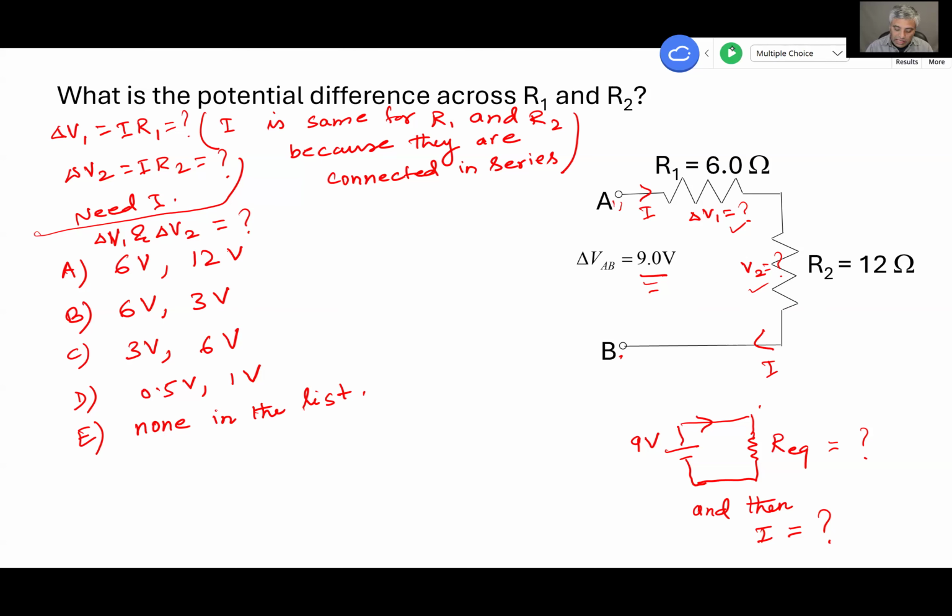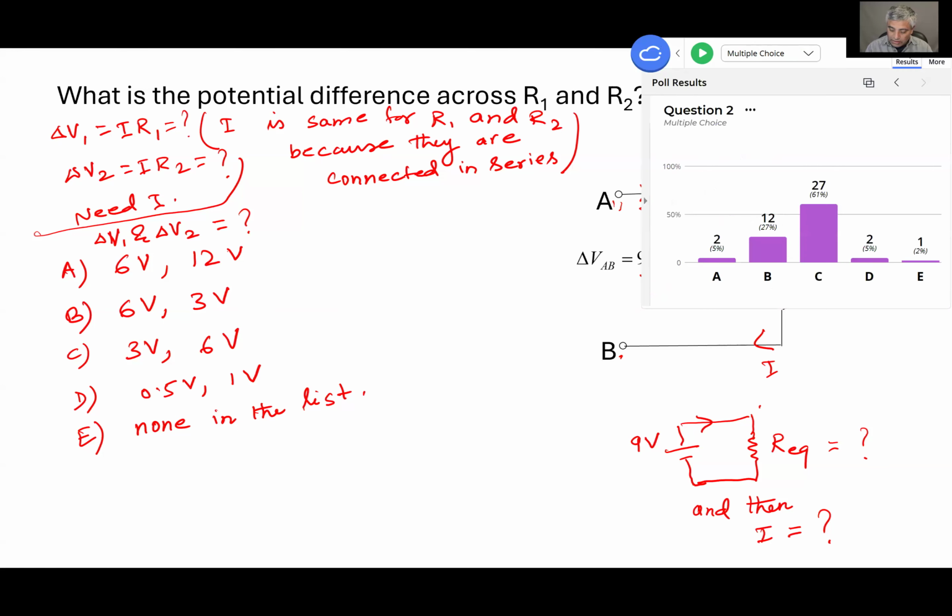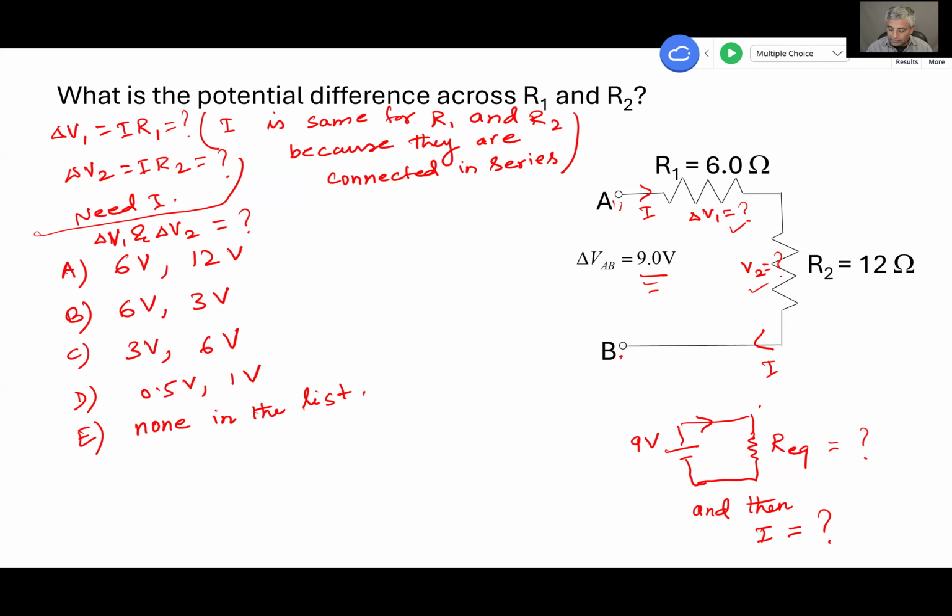Okay, let's see what we got here. B and C, mostly C. I hope that is correct. First we find the R equivalent, being in series. R equivalent is R1 plus R2, which means it is 18 ohm.